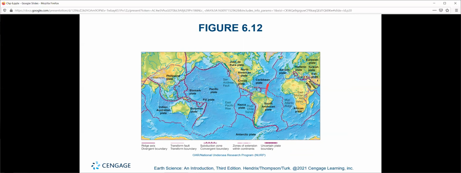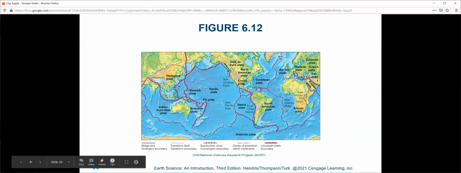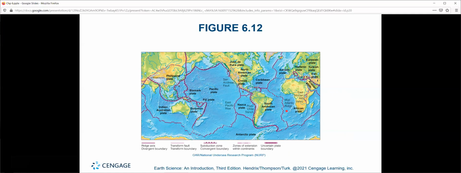The Atlantic Ocean once was not there. These pieces right here in Africa and South America clipped together like puzzle pieces. And then over time, the plates that Africa and South America rode on drifted east and west of each other, causing this rift system, causing the Atlantic Ocean to quite literally form.